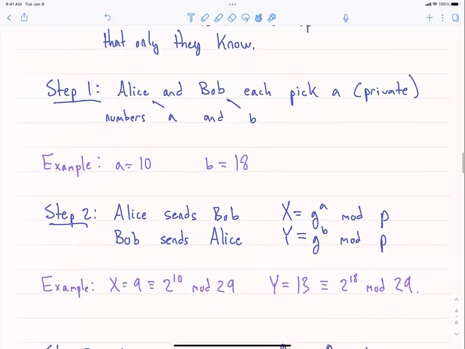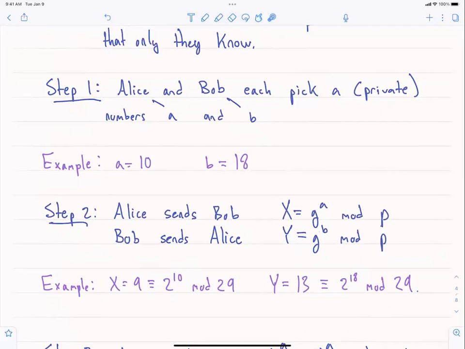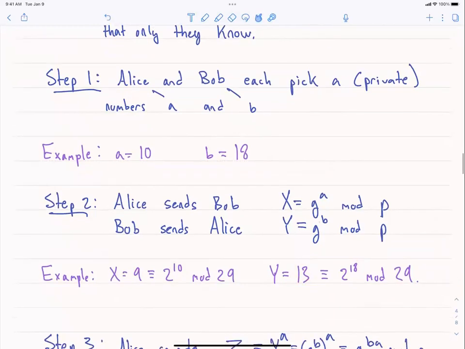Okay. So for example, when we have P equals 29, G equals 2, A equals 10, and B equals 18, then Alice computes 2 to the 10, which is 9. And Bob computes 2 to the 18, which is 13 modulo 29.